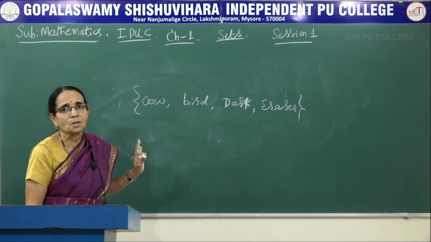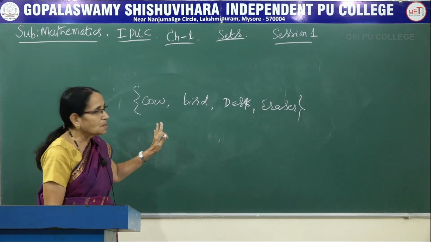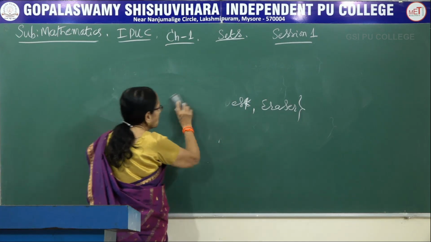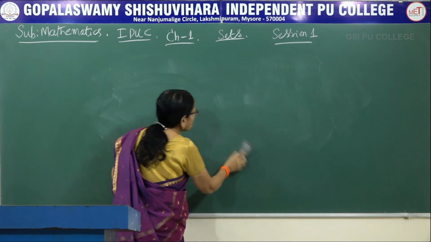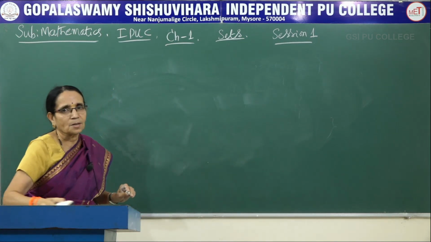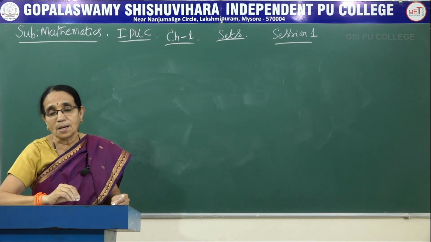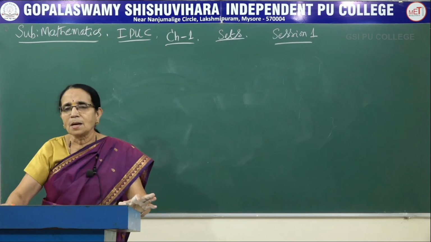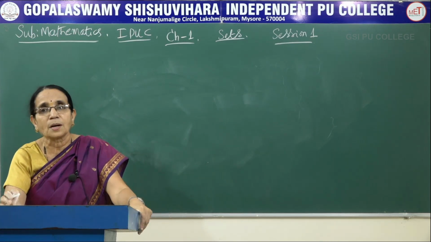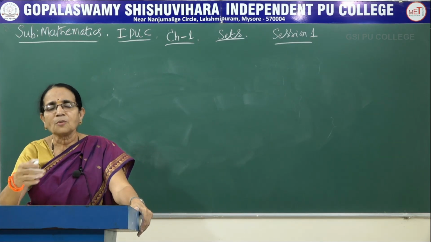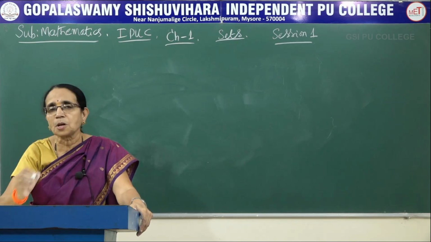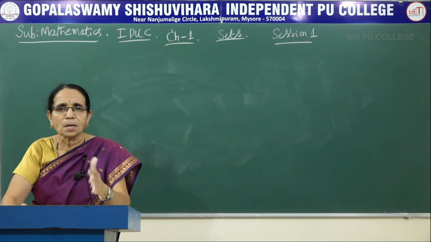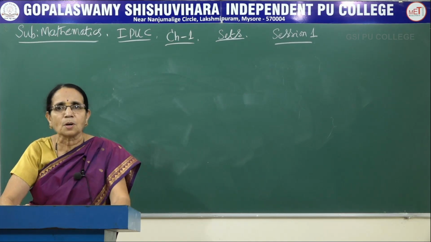So what is the reason that you can give? The elements or members of the collection are not of the same type. They are of different types. Therefore, we cannot call it a set here. Similarly, consider the collection of students of a class. Suppose I take first year PUC science classes, all those students of a particular college, let's say Gopaswamy PU college.